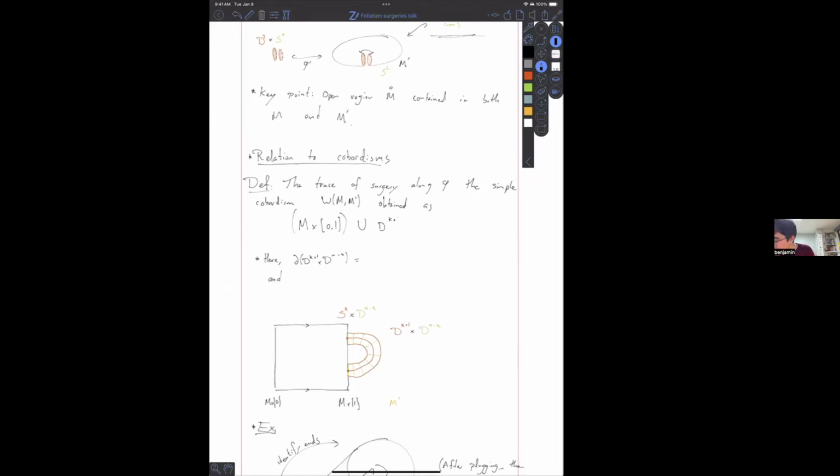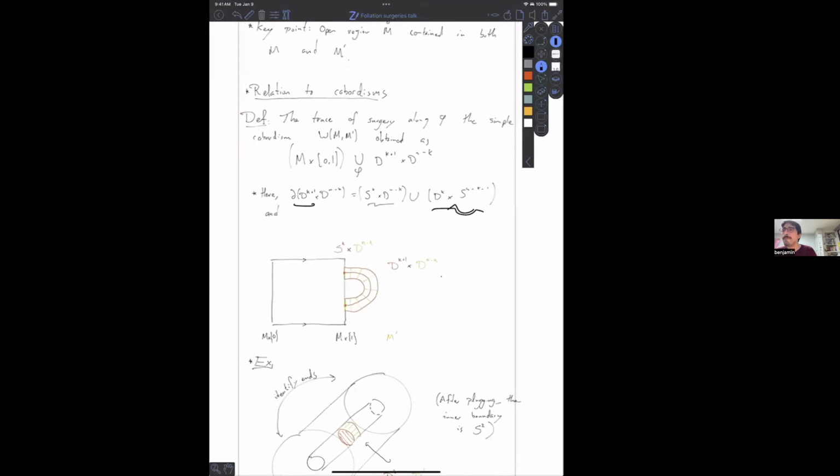We glue on the disk times the disk along phi itself. And here we're using the fact that the boundary of the disk is the sphere times the disk union the disk times the sphere. And so we're gluing along this region, and we use phi to glue.